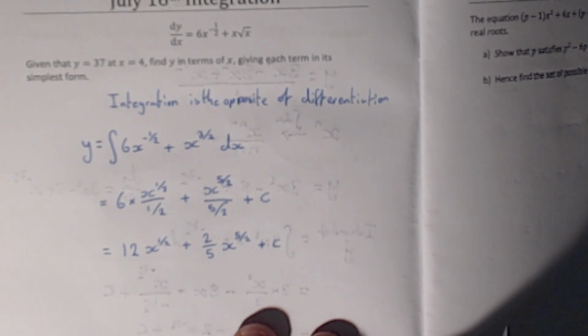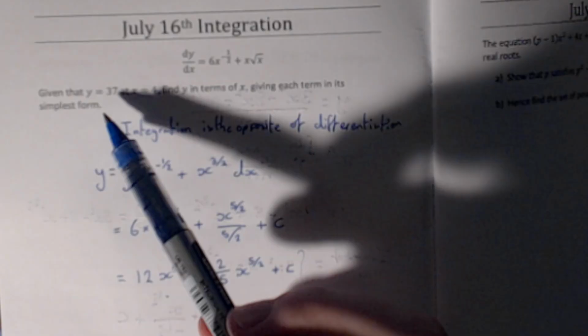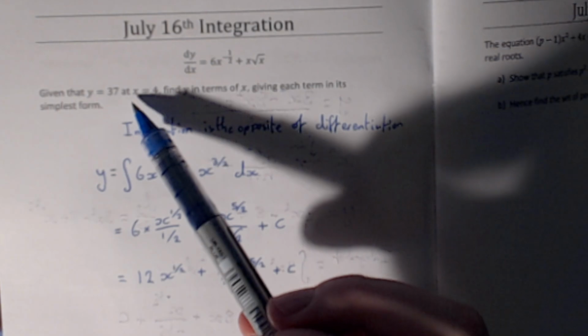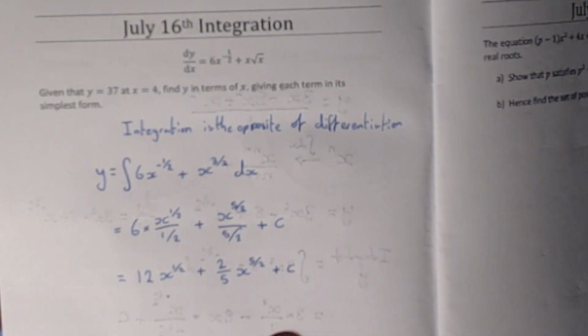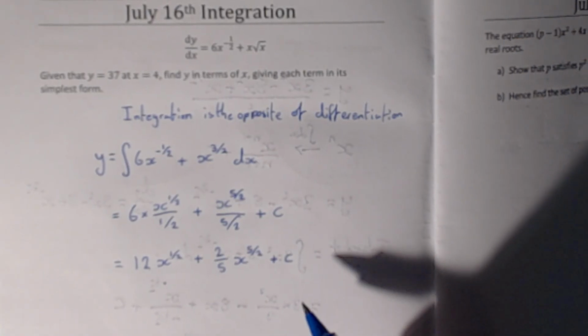Right. So now we need to think about the condition we're given, that y is equal to 37 at x is equal to 4. So this is going to help us determine the value of c.